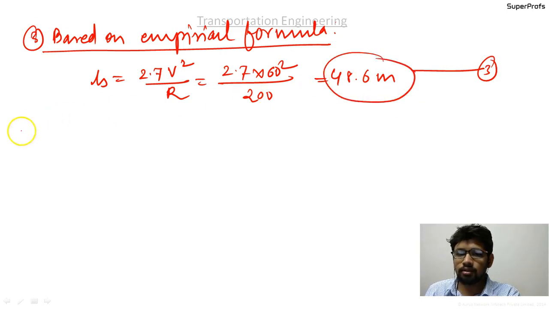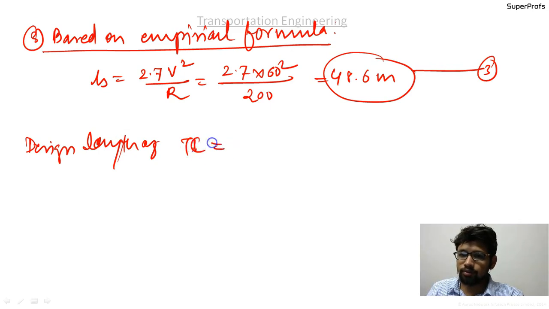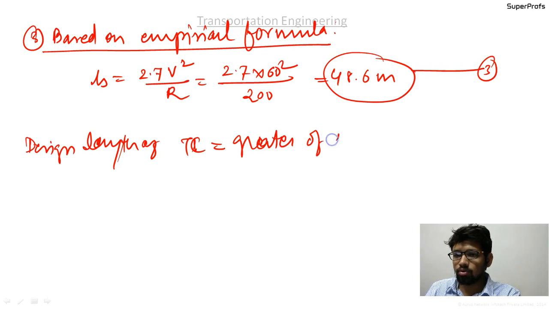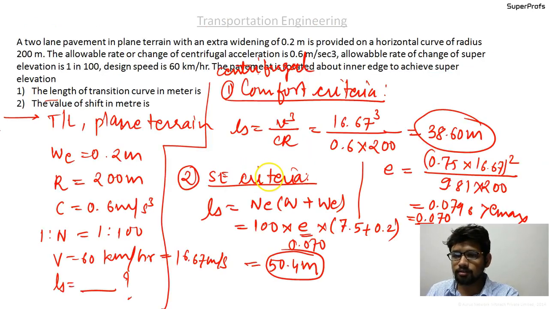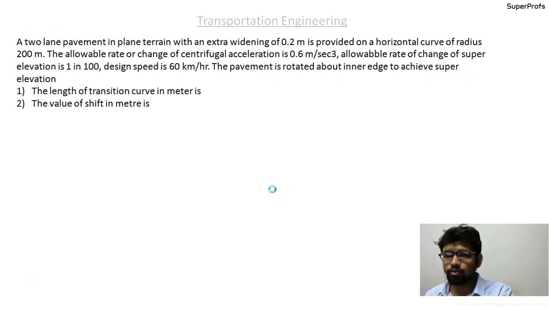So the design length of transition curve will be equal to the greater of 1, 2 and 3. The largest value of these three is 50.4 meters. So the length of transition curve is 50.4 meters.